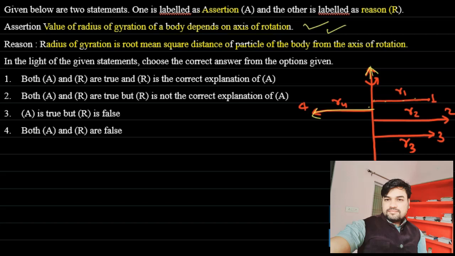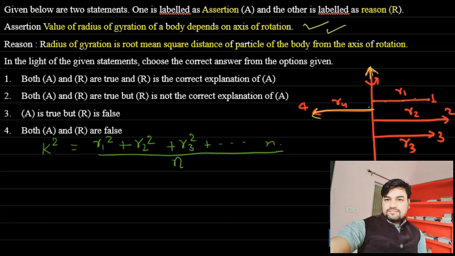The radius of gyration is denoted by capital K, and the square of the radius of gyration is given by r1 square plus r2 square plus r3 square, and so on to n number of terms, and all the terms are divided by the total number of particles n. So this is the square of the radius of gyration.